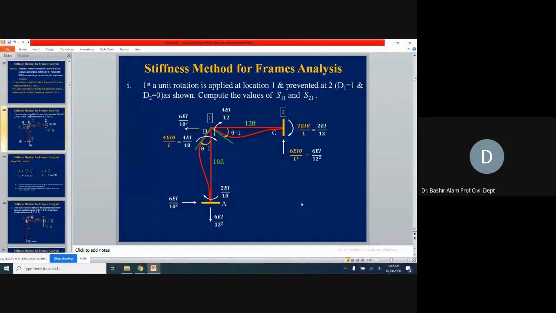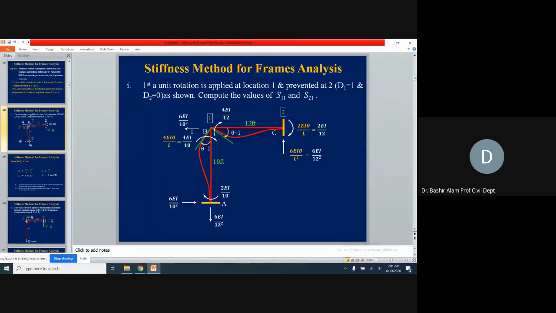Now from here we will make the first column of the stiffness matrix as well as the first column of the AMD matrix. Let's talk about the first column of the stiffness matrix. Corresponding to D1, we should be looking for the moments. We have a clockwise moment 4EI over 12, and a clockwise moment of 4EI over 10.